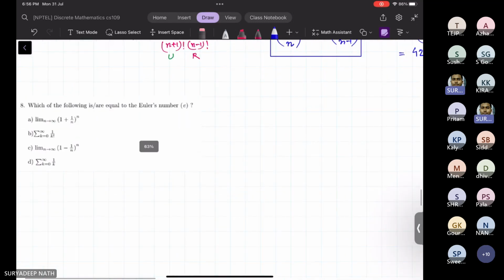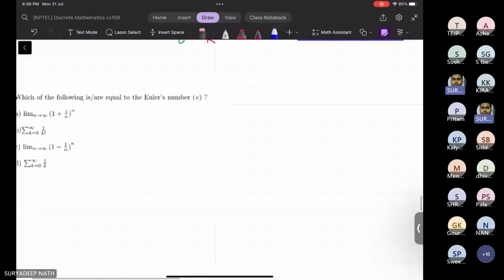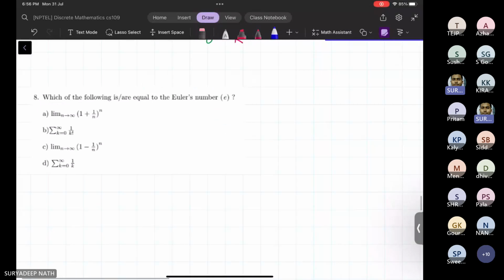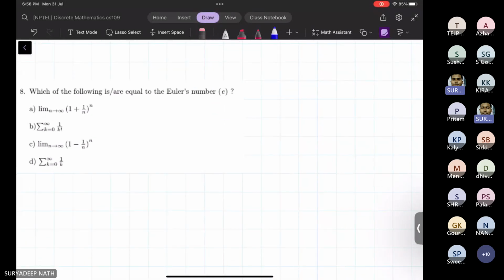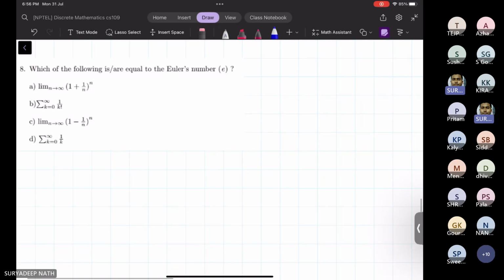Okay. Which of the following is or are equal to the Euler number e? You have four options. The first one is basically the definition of the Euler number: the limit as n tends to infinity of 1 plus 1 over n, raised to the power n.